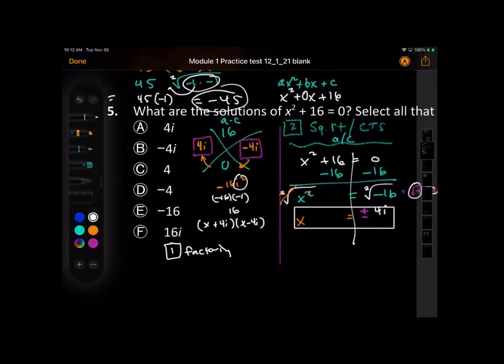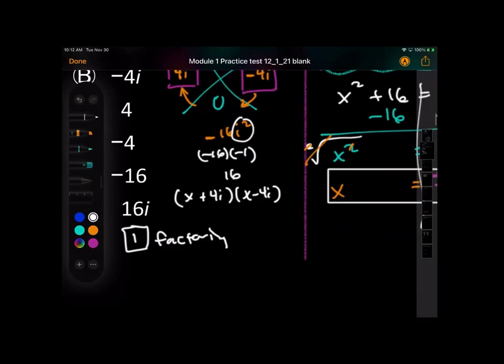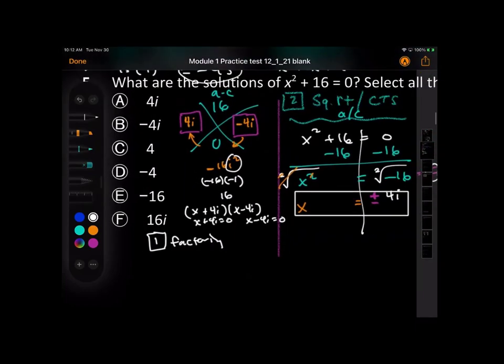So you'll see that from factoring. With factoring, you would just set each of these equal to 0 and solve, and you would get the same thing. So our two answers, let's highlight this.